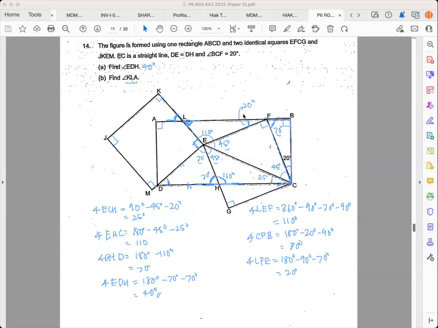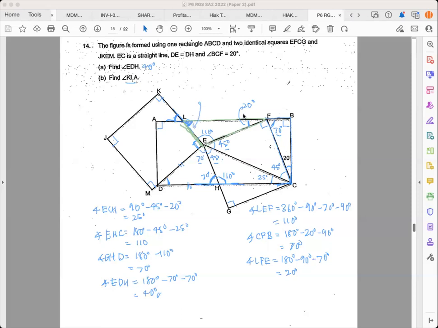Now that we have all three angles inside this triangle, I can now find this angle.